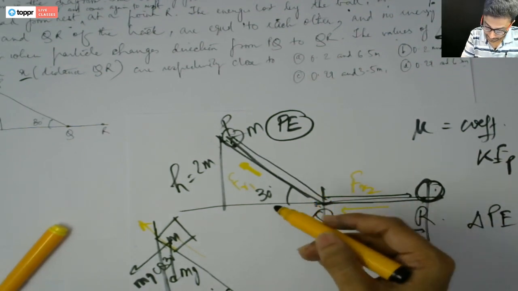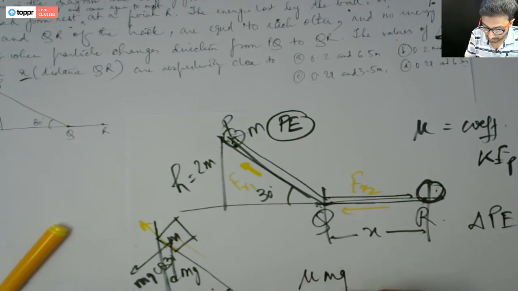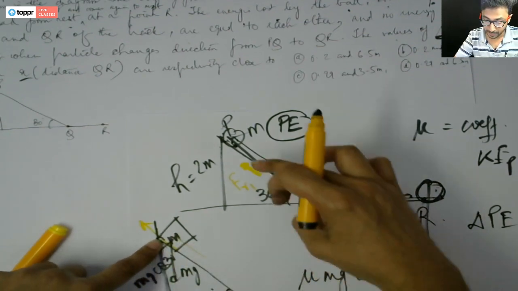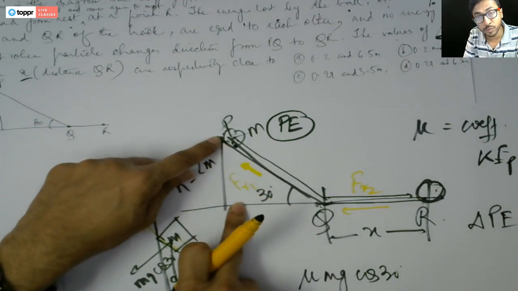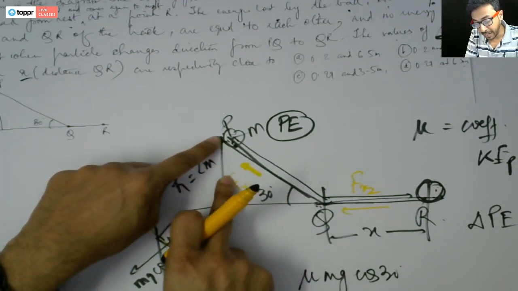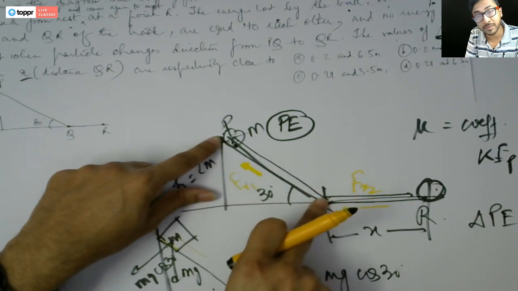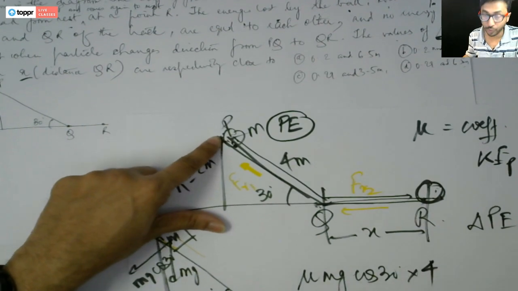And so what is the loss in energy for this part? This is mu mg cos 30 into this distance. Now this distance you can find out: this angle is 30, this height is 2 meter, so this will be nothing but h by cos 30, that is, this will be 4 meter. So mu mg cos 30 into 4.